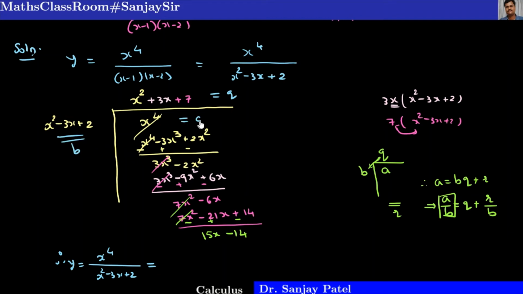This x to the 4 is a, and this is your remainder, that is 15x minus 14. So quotient, that is x square plus 3x plus 7, plus remainder, that is 15x minus 14 upon the divisor, which is x square minus 3x plus 2. Okay, so we can write like this.